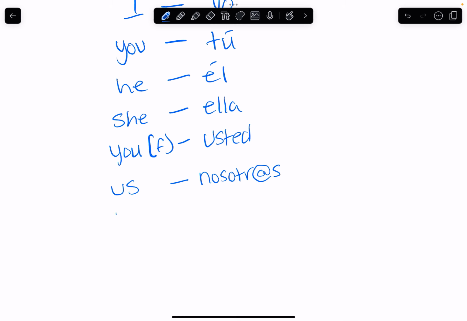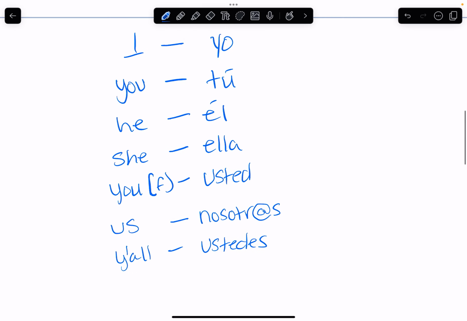And then you have y'all, you all, which is ustedes. Okay? So these are the pronouns that you use when you're talking about someone.